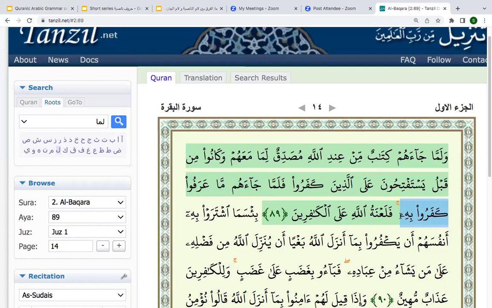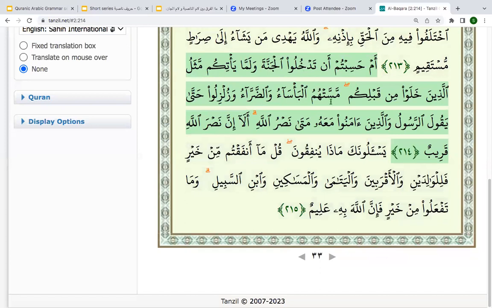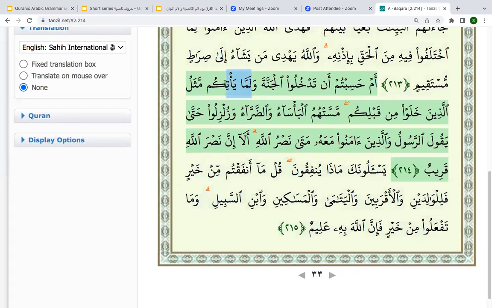Now let's do a few more examples so I know for sure that you have gotten this concept. What do you think about this one? This lamma, can it be ghair jazima?